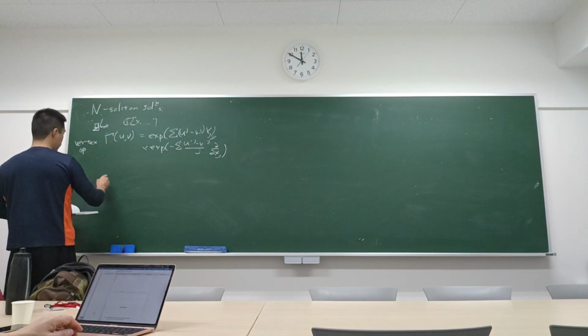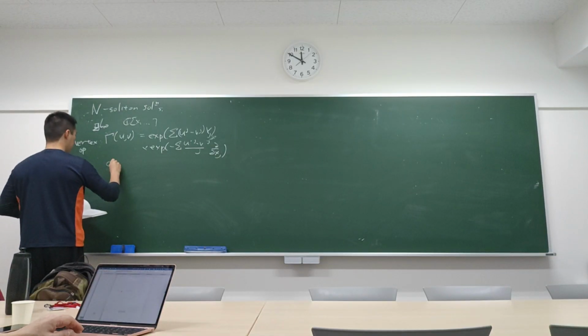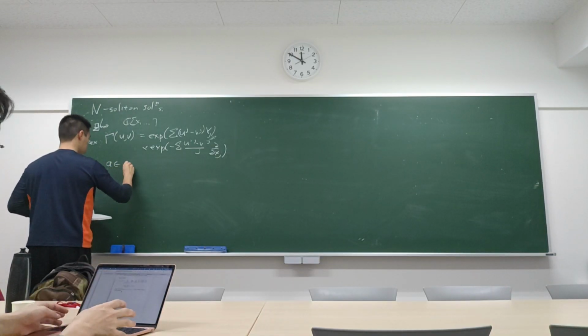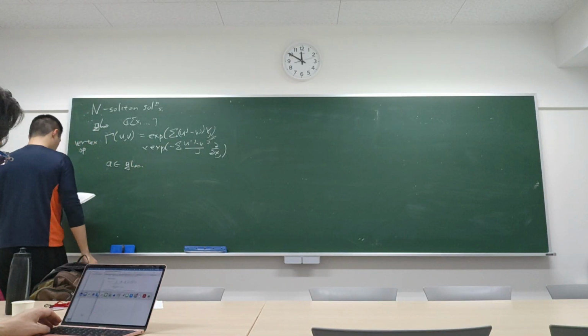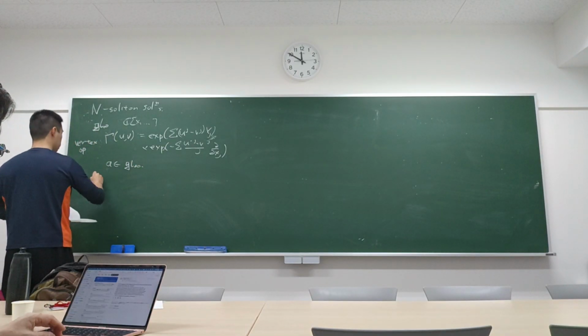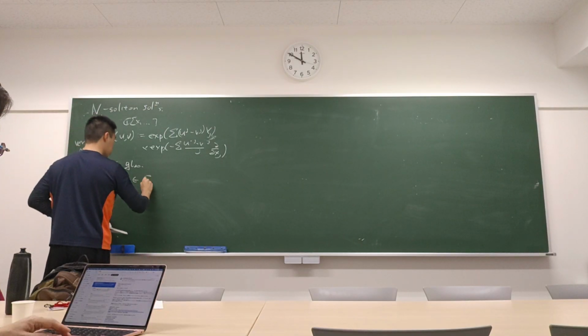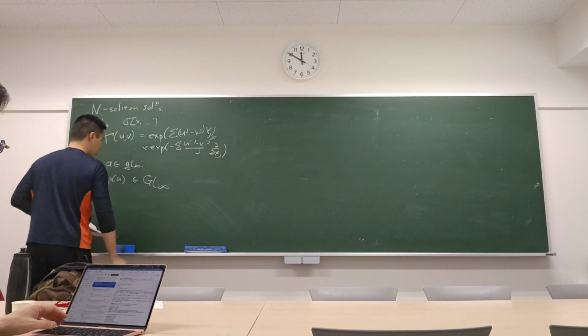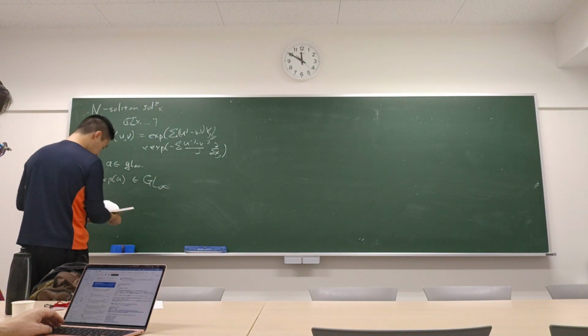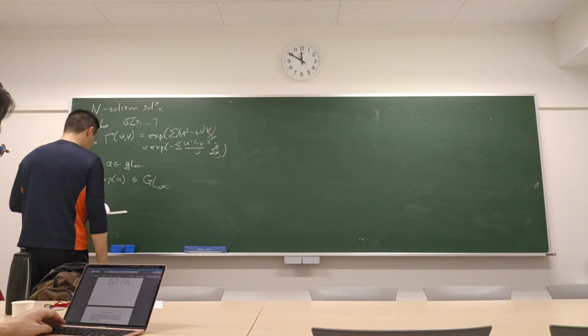So if you have some element A in gl infinity, then exponentiating it gives you an element in the general linear group GL infinity.